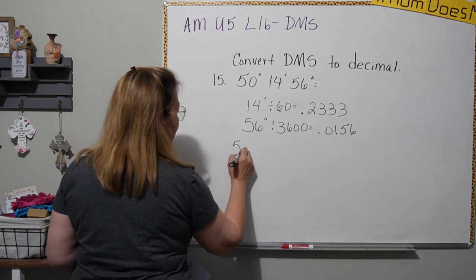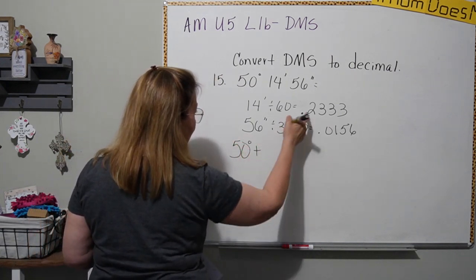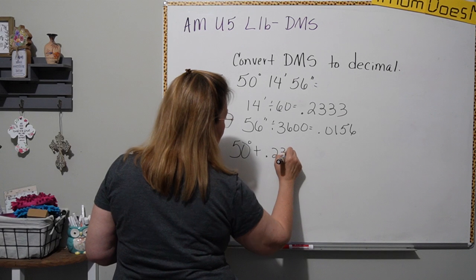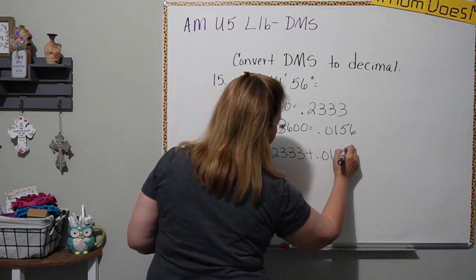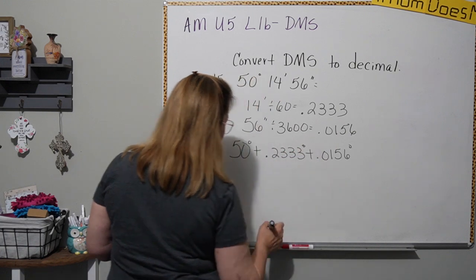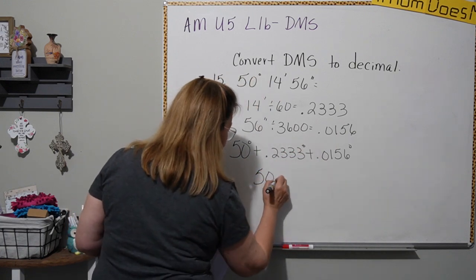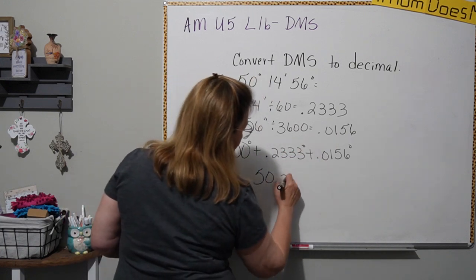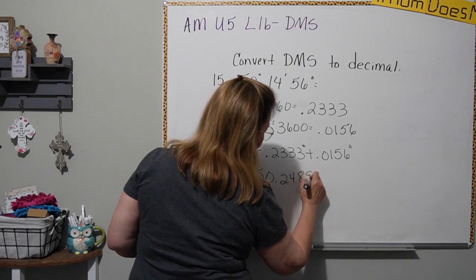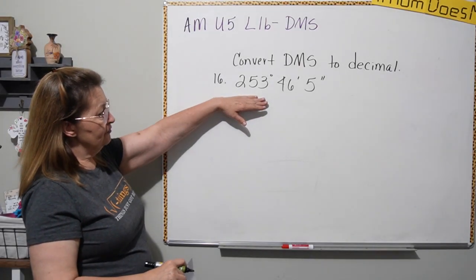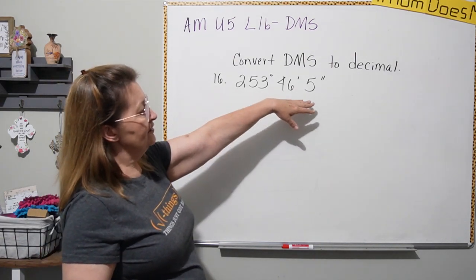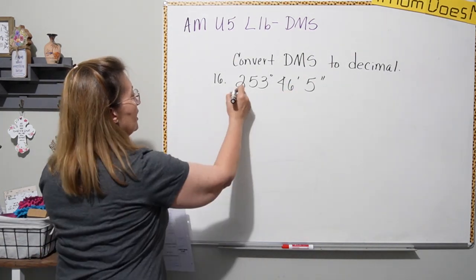Last step is to take the 50 degrees and add that to 0.2333 plus 0.0156, and that will get us 50.2489 degrees.